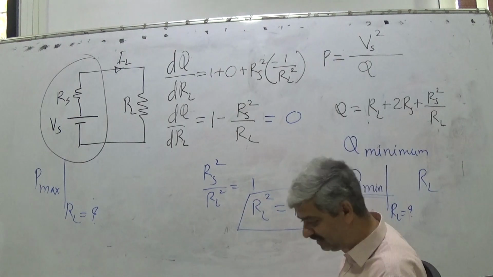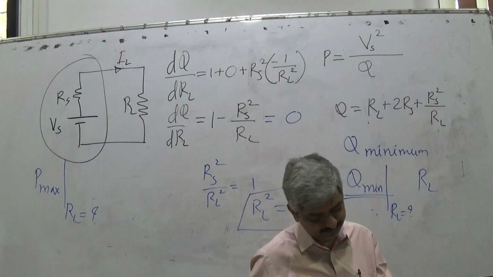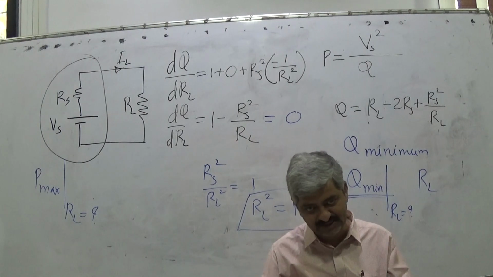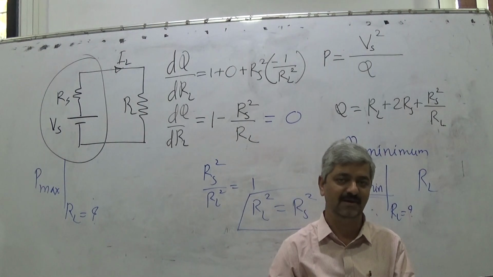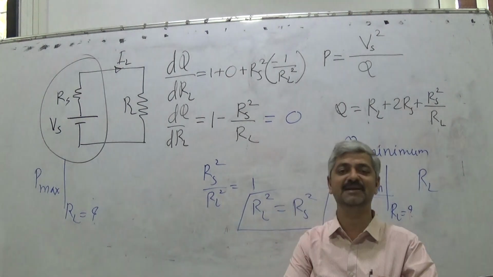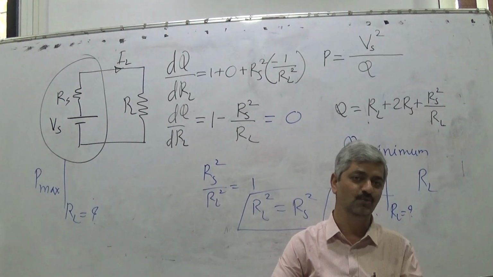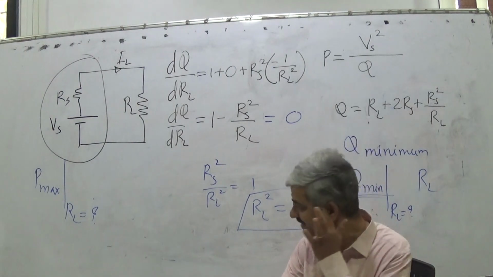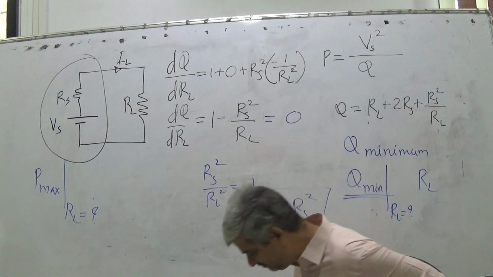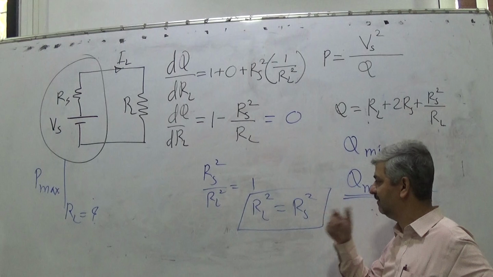If the second derivative is positive, it is minima. If the second derivative is negative, it is maxima. So we want Q minimum, but at least let us find now RL square equal to RS square.